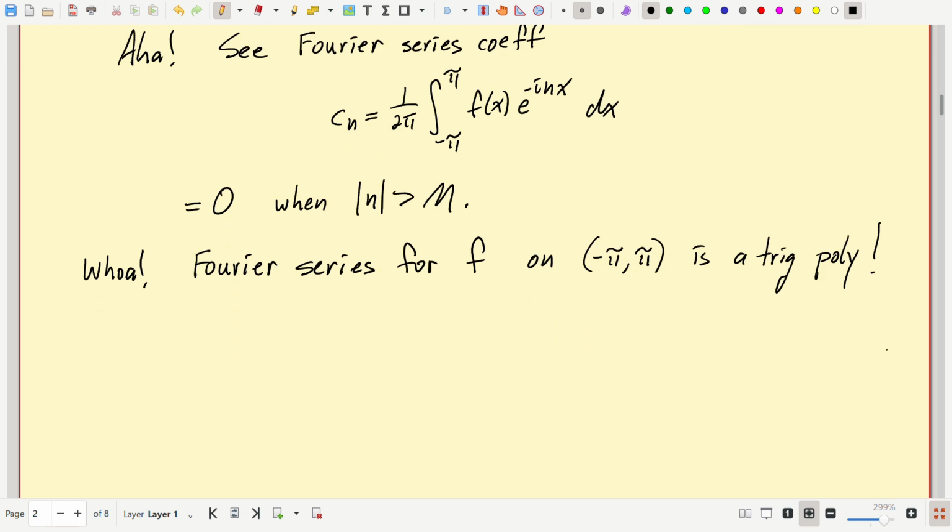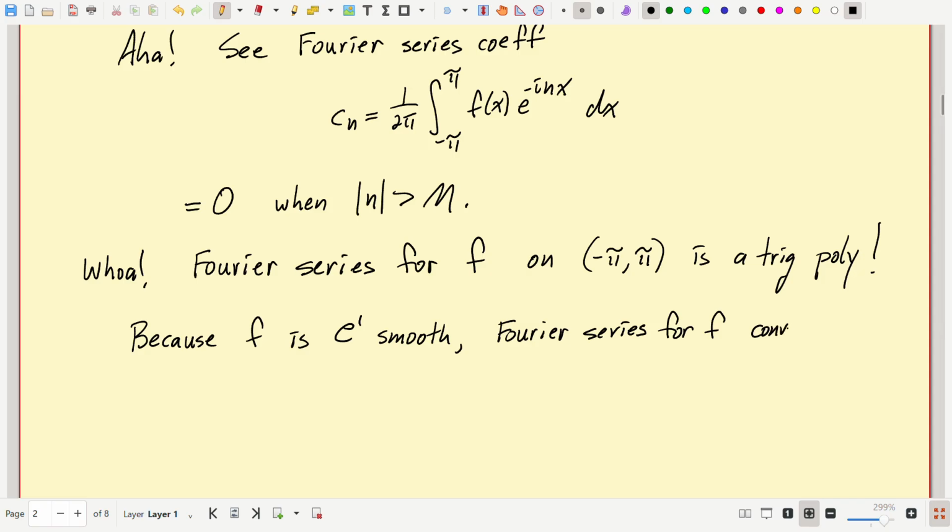And let's see, we know because f is C1 smooth, the Fourier series for f converges to f on the interval from minus pi to pi, at least.